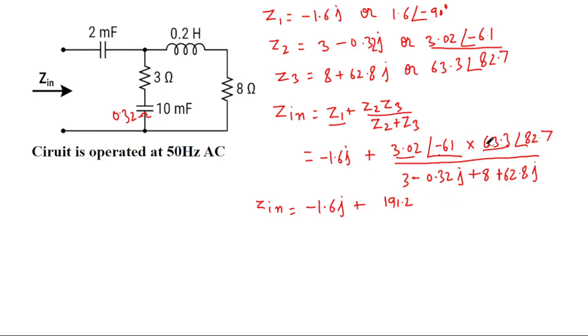If you add these two angles, the resulting angle comes as 76.6, because this angle is minus 6.1 and this is 82.7. In the denominator, the real part 3 plus 8 will come as 11, and if you add minus 0.32 and 62.8, it will come as 62.48.